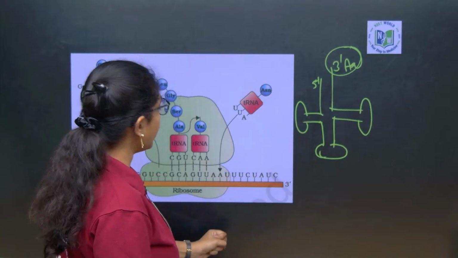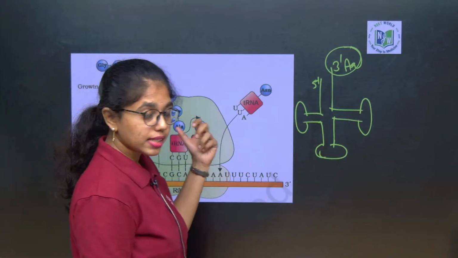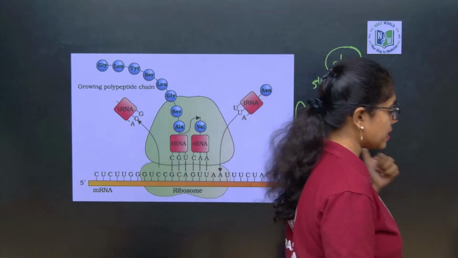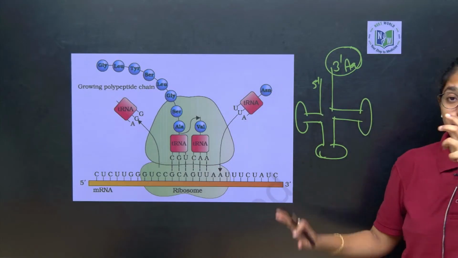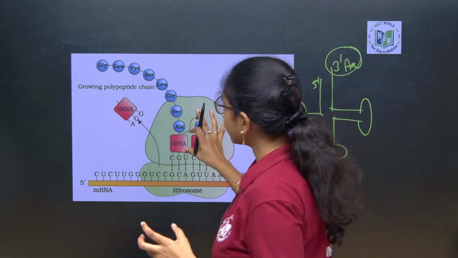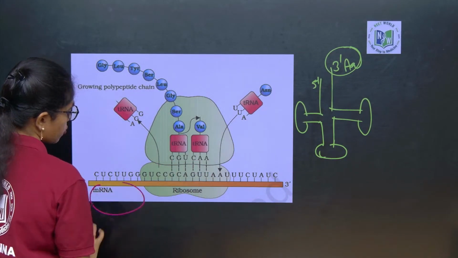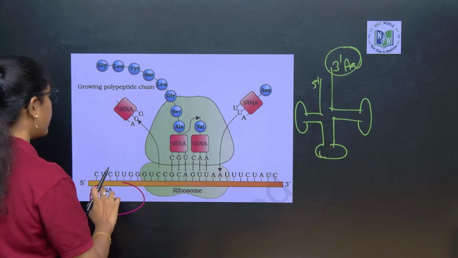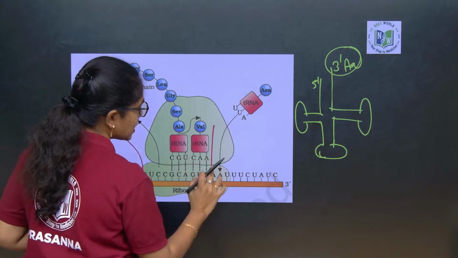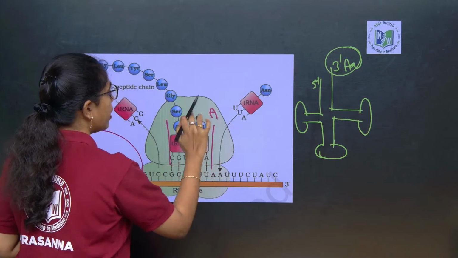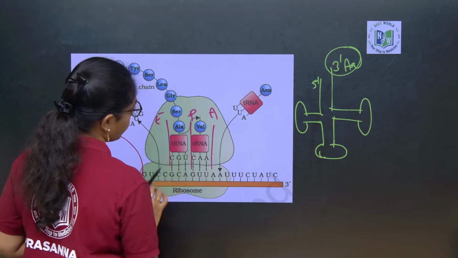Charging of tRNA is the first step for translation, then it will come and sit on the mRNA. Over the mRNA, first the smaller subunit of the ribosome will come, later the larger subunit, which has 3 sites, those are A, P and E site, okay.